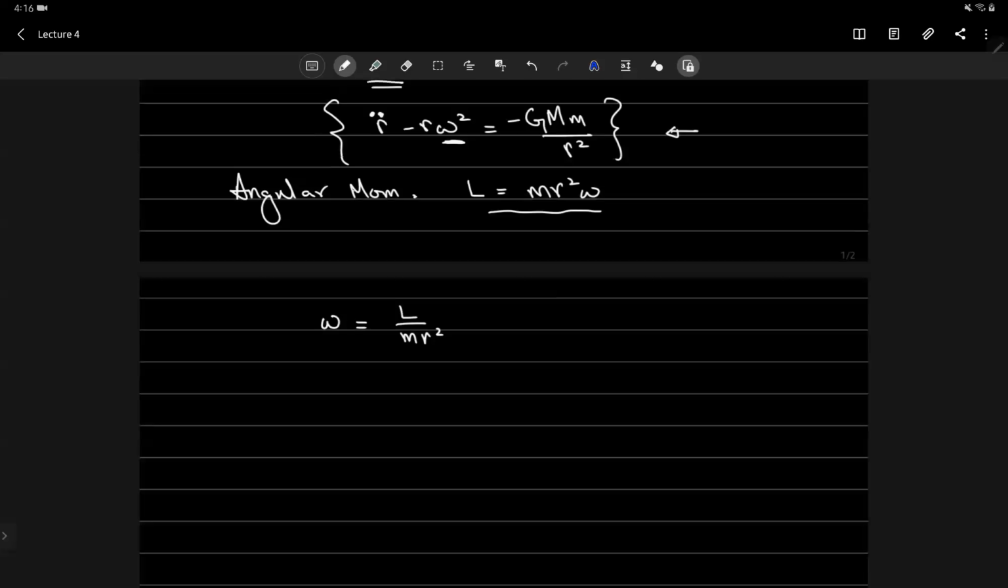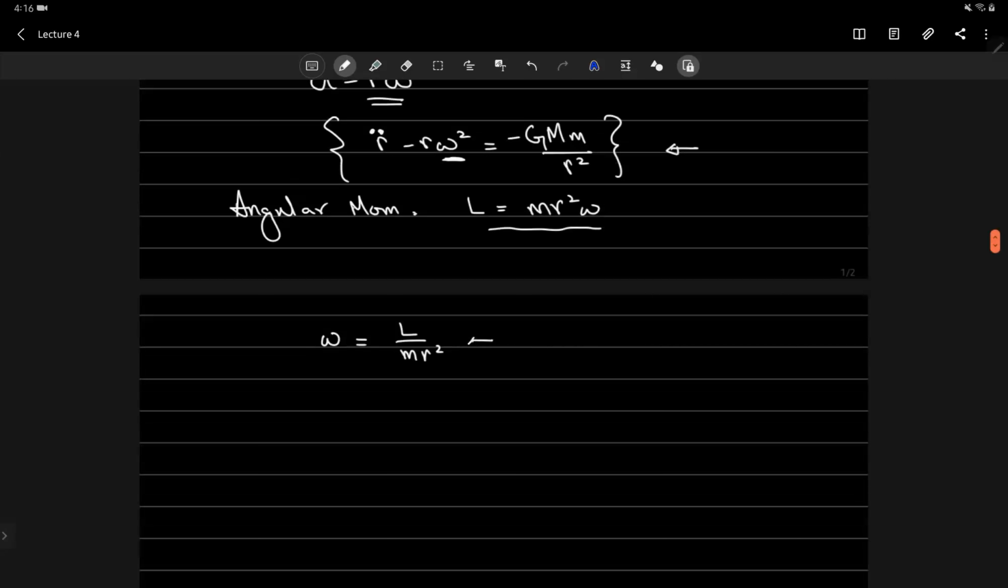Now the next thing is very direct. Omega की value हम substitute कर देंगे in this equation, and let's do that. So what we get is I can take this thing r double dot, और इसको हम right hand side पे ले जाते हैं, right? और इस वाले को हम इधर ले आते हैं. So I would have minus gm over r squared.